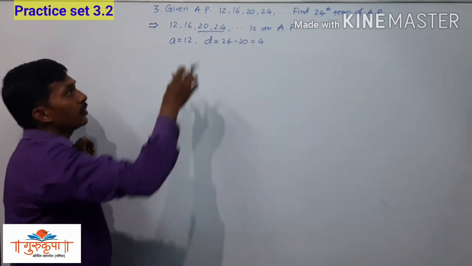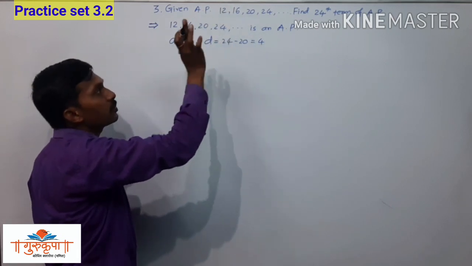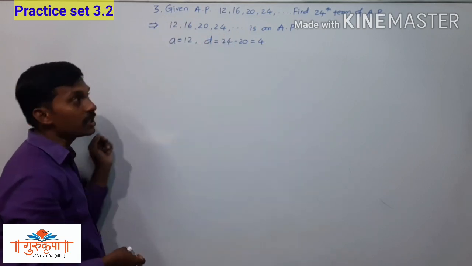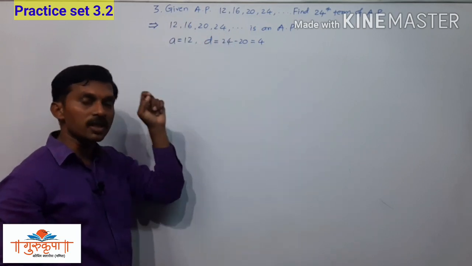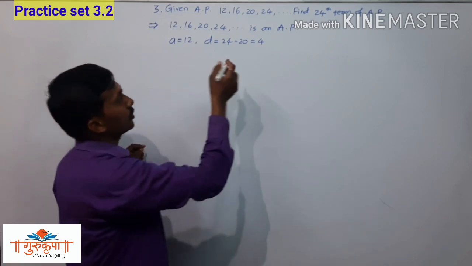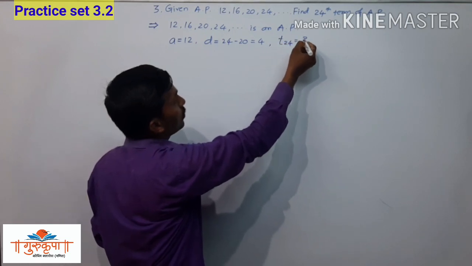If you take 16 and 20, 20 minus 16 is 4. If you take 16 minus 12, it is 4. Since it is an AP, the common difference is the same everywhere, that is 4. And now we have to find T24, the 24th term of this AP.